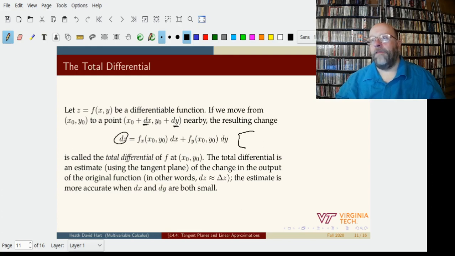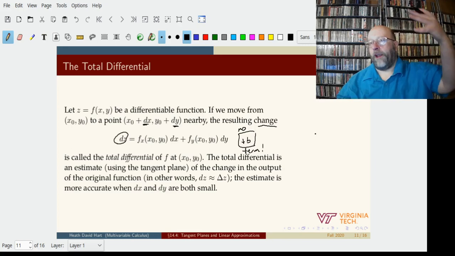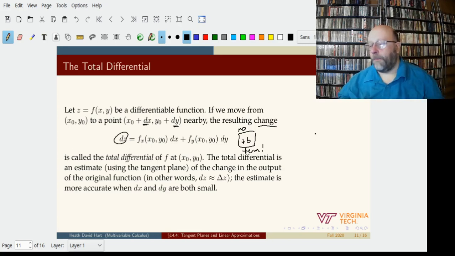There is no plus b term here, because b doesn't change. If we're measuring just the amount of change in z, then the b will be the same before and after. And so we're only interested in the part that changed. So the b cancels and we're just looking at the differential here.